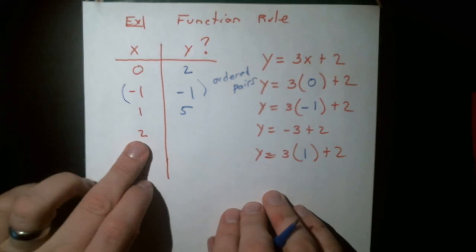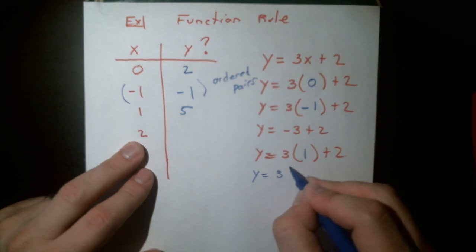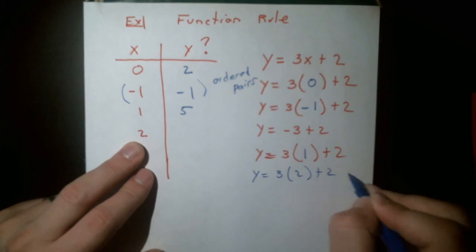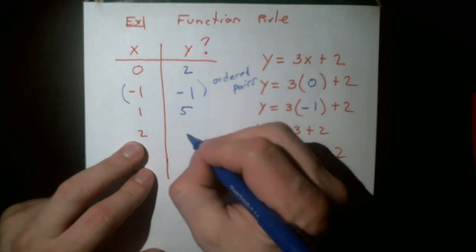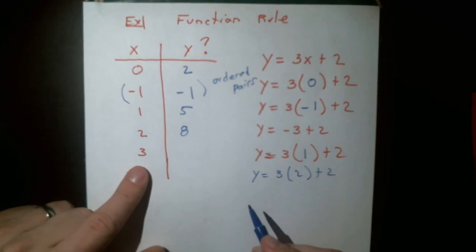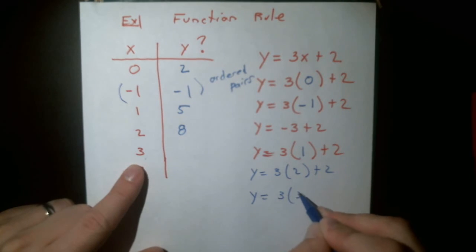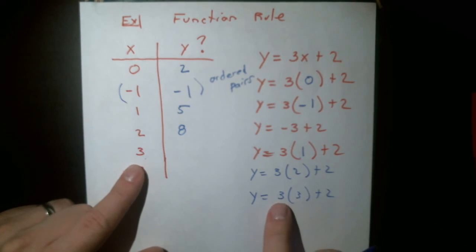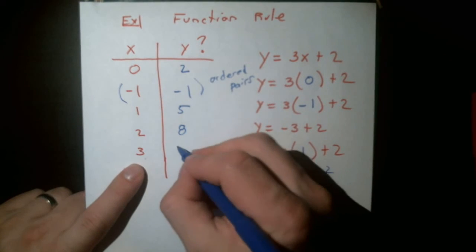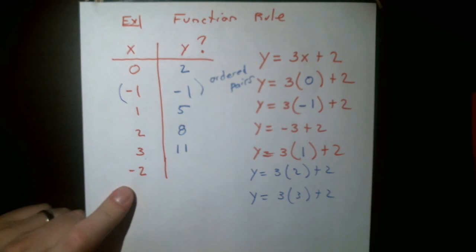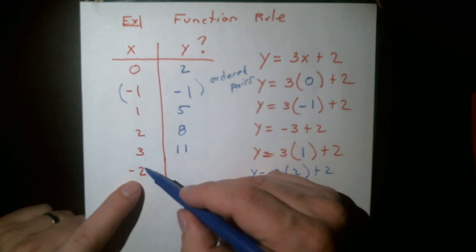So let's think about this one. Let's keep going here. This is y equals 3 times 2 plus 2. Well, 3 times 2 is 6 plus 2 is 8. Now let's see, y equals 3 times 3 plus 2. Well, 3 times 3 is 9 plus 2 is 11. So you kind of see what's going on. Well, what about -2?